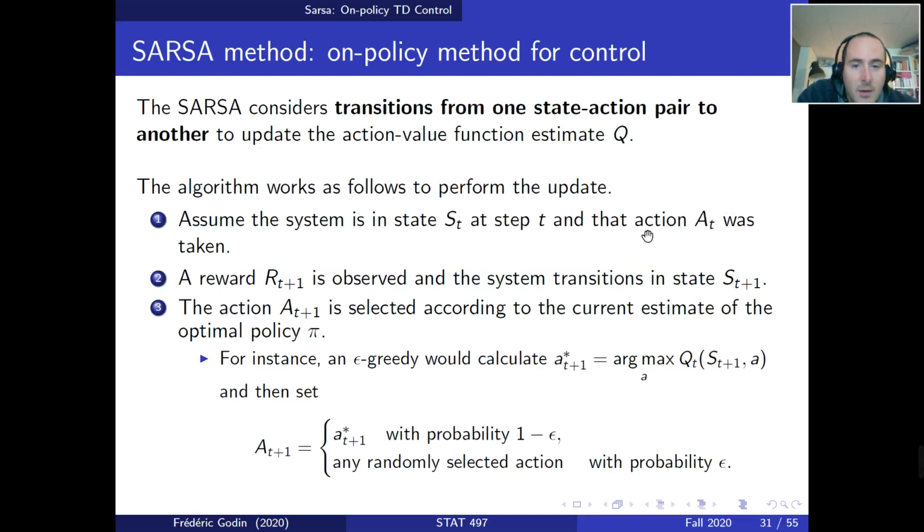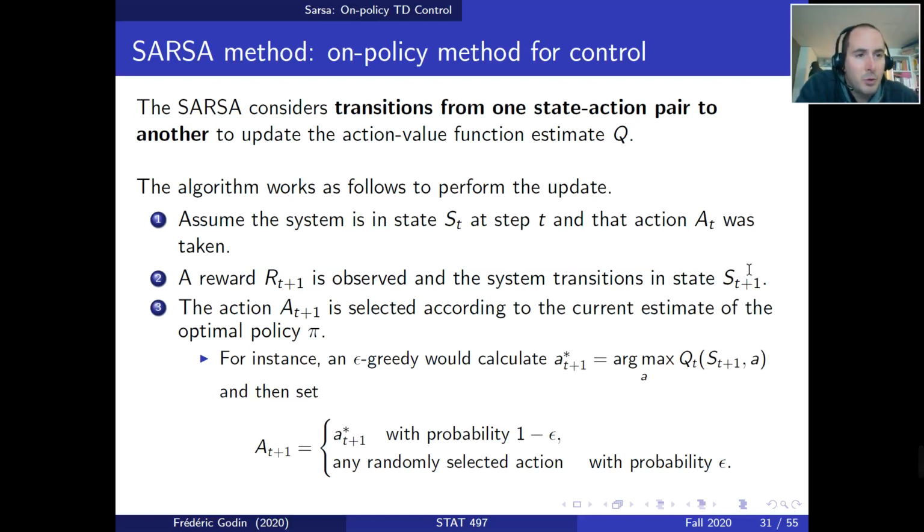Then you observe a reward R_{t+1} and transition into the next state S_{t+1}.